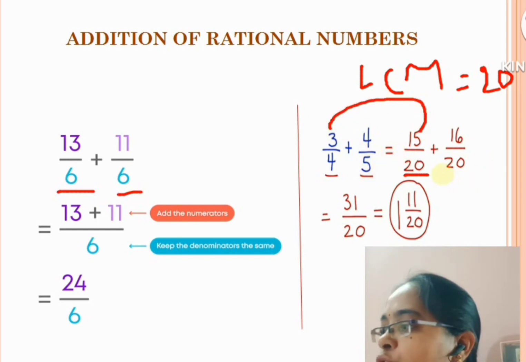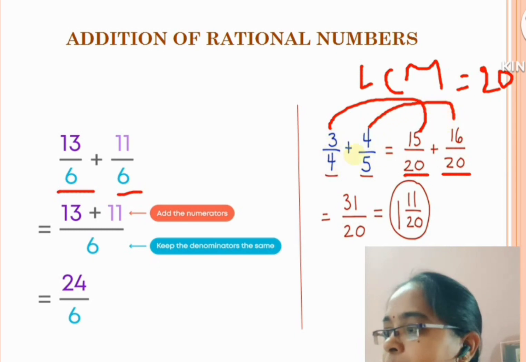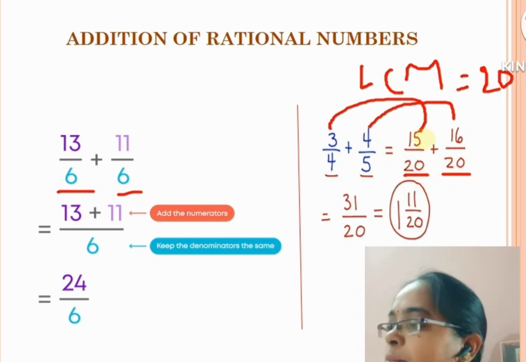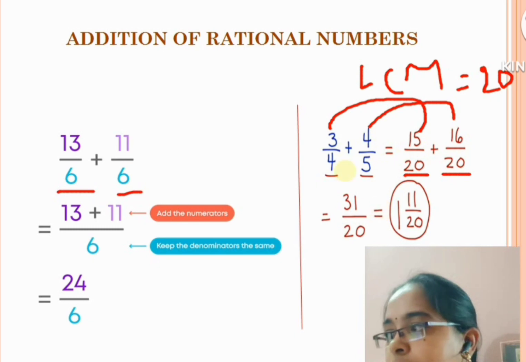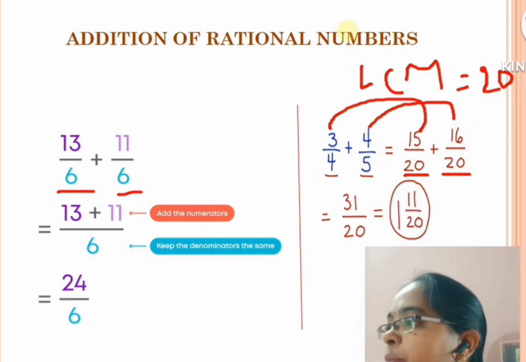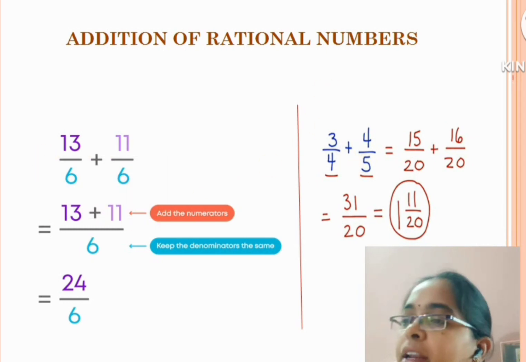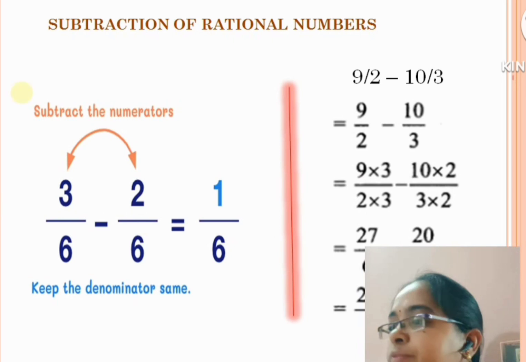When 4 becomes 20, that is 4 fives, so 3 fives, 15, I need to take. Like that, for 4 by 5, 5 becomes 20 with 5 fours, so 4 fours I need to take. Like this 3 by 4 and 4 by 5 are converted into their equivalent fractions. Now the denominators are the same, so we can simply add the numerators.